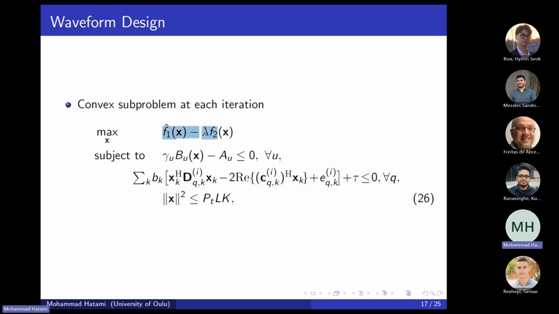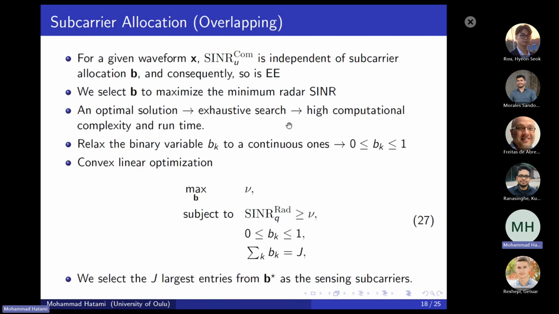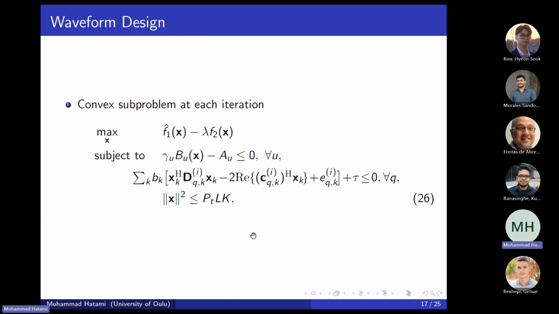Therefore, we handle the objective function as shown here. And then we rewrite the radar constraints by using successive convex approximation. So we use the first-order Taylor series to rewrite the SINR for the radar as shown here, where we only replace the SINR for the radar by its first-order Taylor series. Then we can iteratively find a solution for this problem.